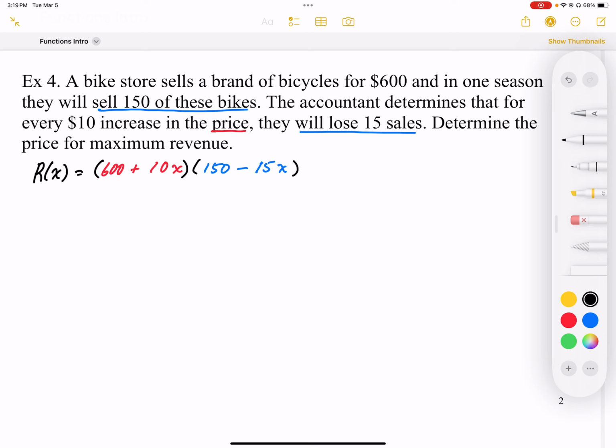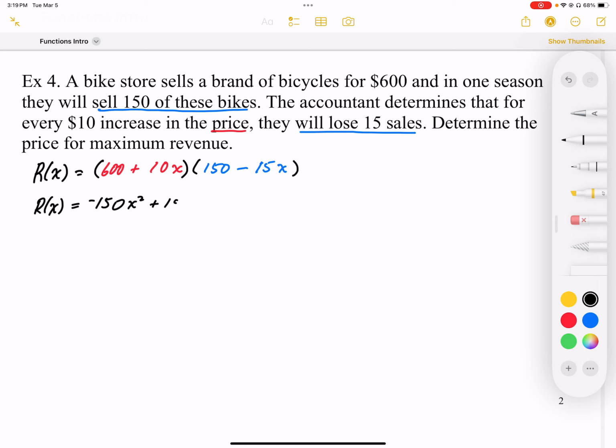I can see it's a parabola opening down by looking at the a value when I multiply 10x times negative 15. So I'm going to do that to start. R of x is equal to negative 150x squared.